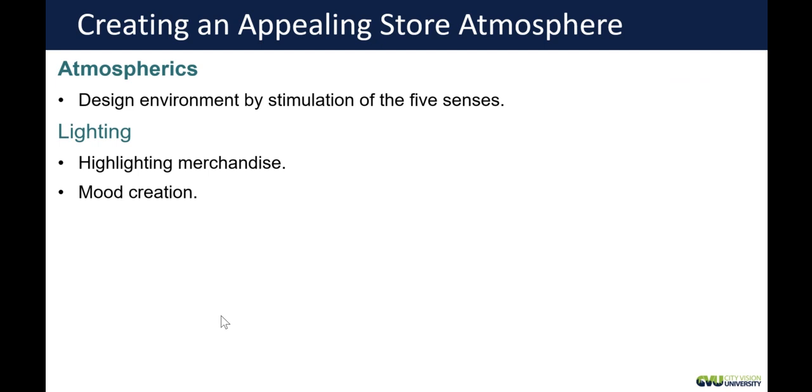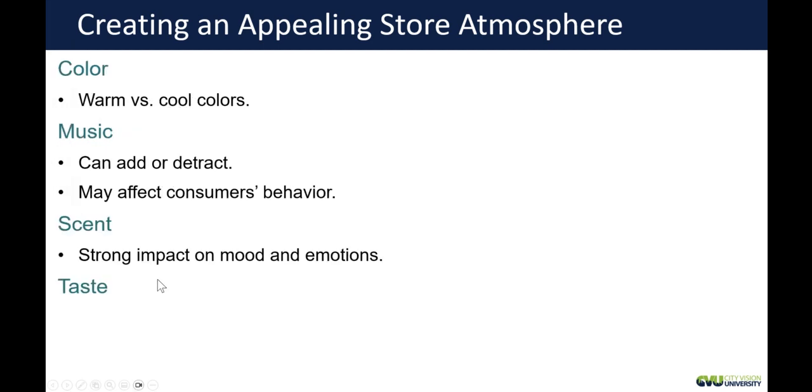The way things are lit and displayed, people will feel either tense or more relaxed. So what kind of atmosphere? You have to think about color, warm colors versus cool colors. What kind of music are you going to have playing, because music might affect a consumer's behavior? What kind of things are they going to smell?